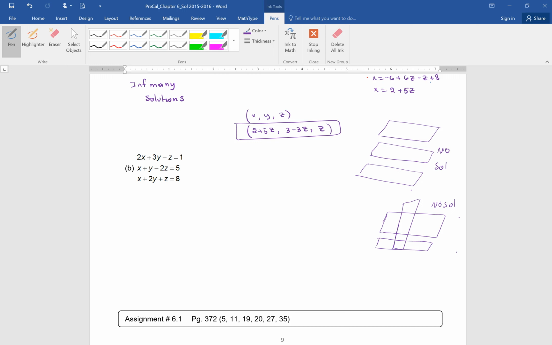That line, how many points does that line have on it? Infinitely many. Okay? So it's infinitely many solutions. Is it all real numbers? All real numbers would have been if they would cross everywhere in space. But it's not like that. It's only on that one line that they cross. So it's infinitely many, but not all reals.